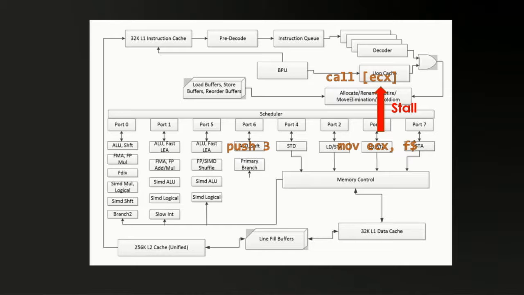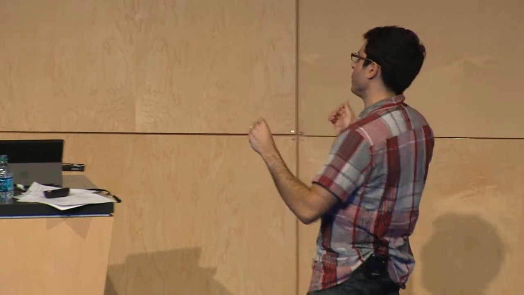If you're less lucky, F isn't in your first level cache or your store buffers. Let's say F is in your second level cache. You're talking 12 to 15 cycles before you actually get the value of F inside ECX, which you can then forward to the call instruction to find out what the next instruction is going to be. That's 12 to 15 cycles on a chip that can execute 8 instructions every single cycle.